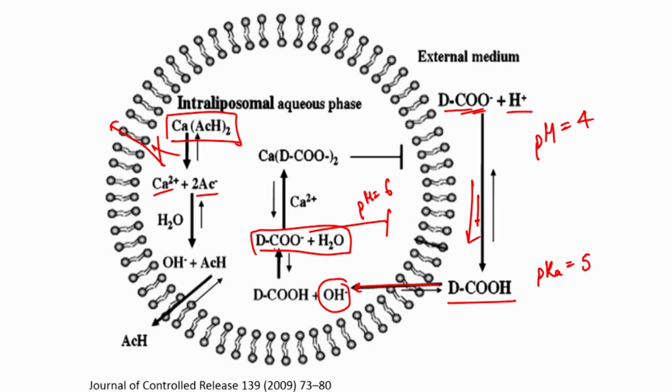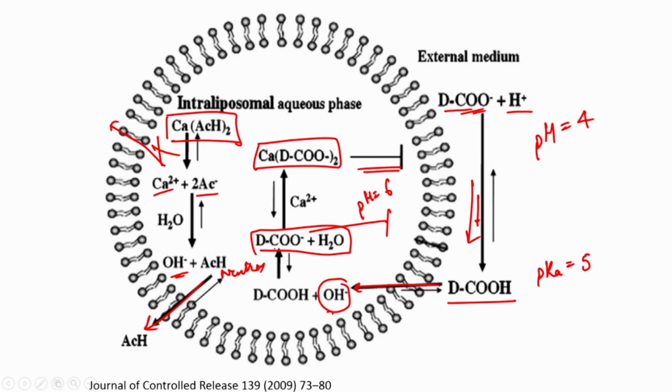And because of this calcium here, this will eventually bind with the calcium to form a calcium precipitate of this drug. As the concentration will increase, it is of course not going to go out, and the acetate ion will give up the hydroxyl which is being used here, and then the acetate is coming back to the neutral form, which can then diffuse out.